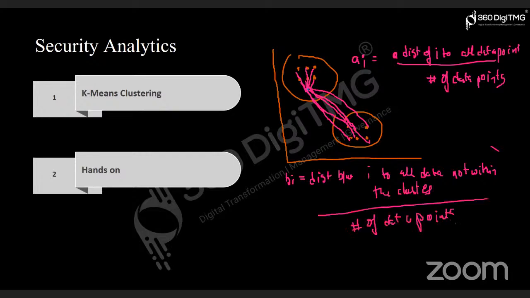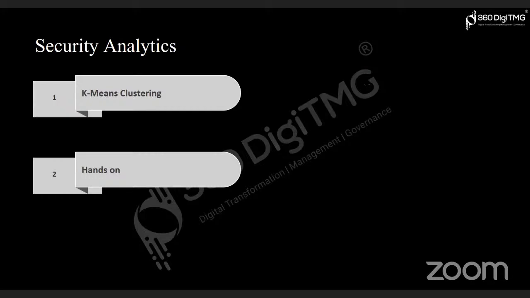So this is how you calculate the silhouette score. The silhouette score, again, like we discussed earlier, ranges from -1 to 1. That means what?